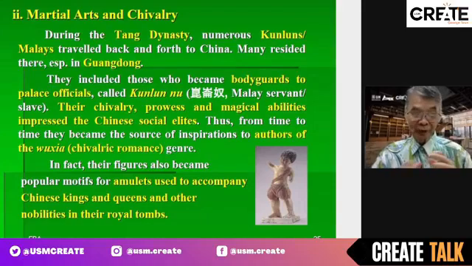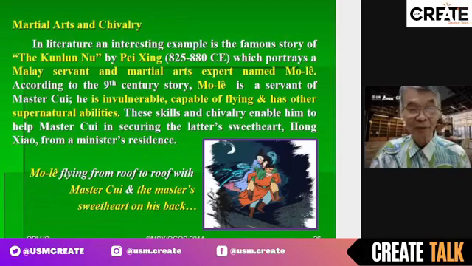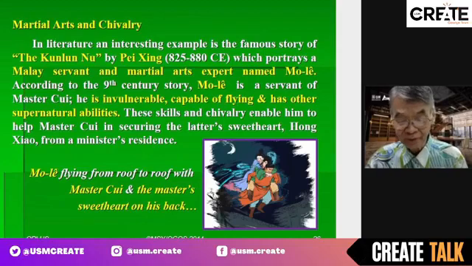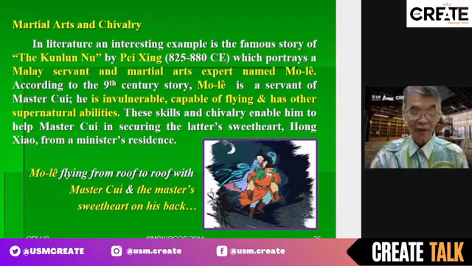Based on that kind of introduction, I'm now taking you to literature specifically. In literature, an interesting example is the famous story of the Kunlun Nu. The title means Malay slave.